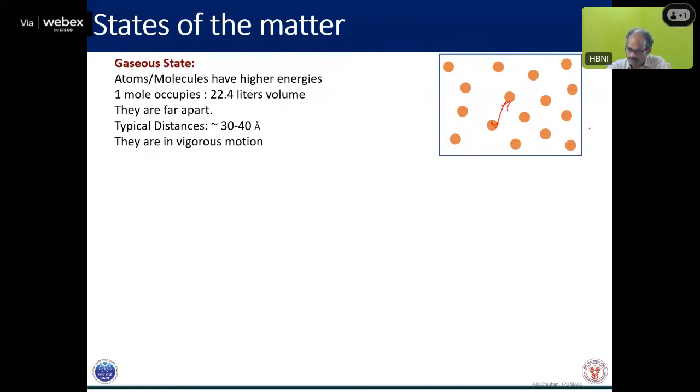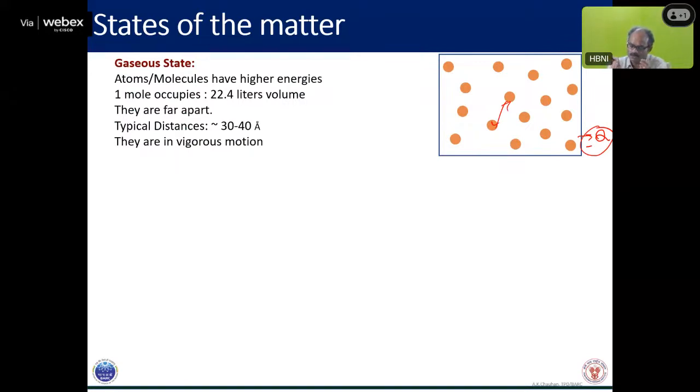Now, if we try to remove this heat, whatever energy is with those, this energy is in the form of their kinetic energy, so if we try to remove it, what will happen?